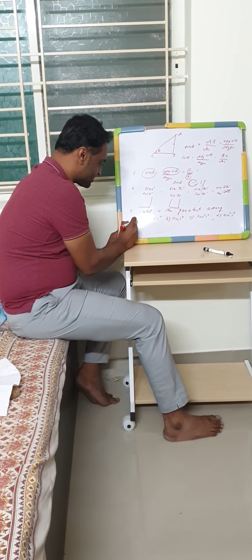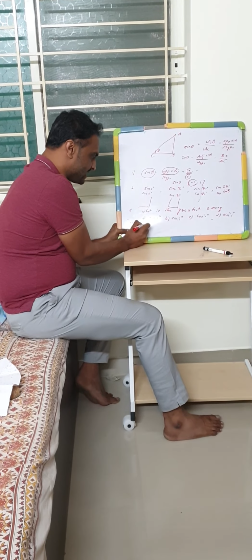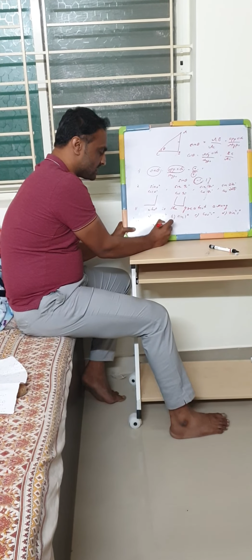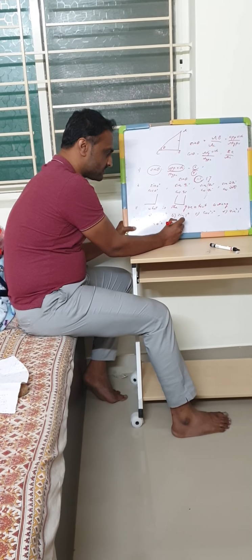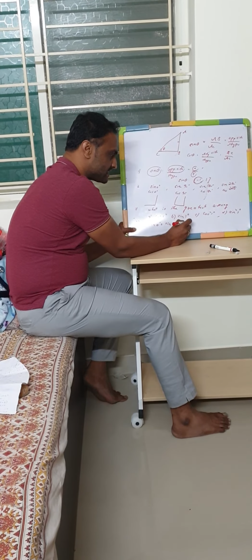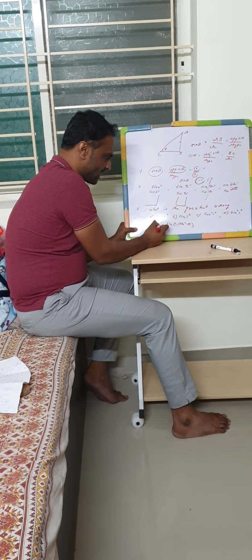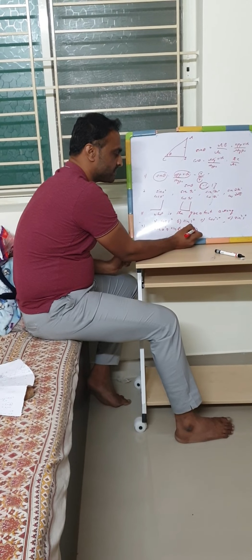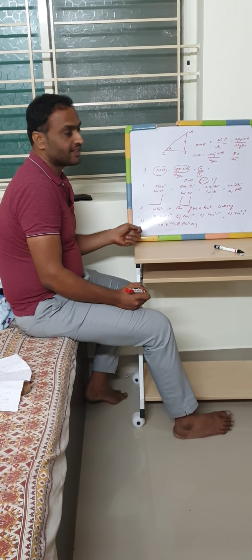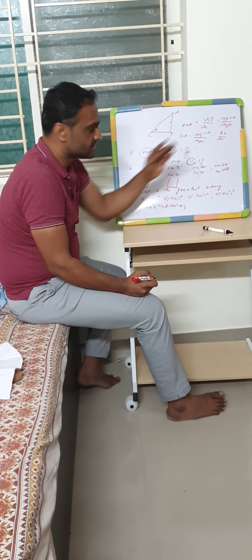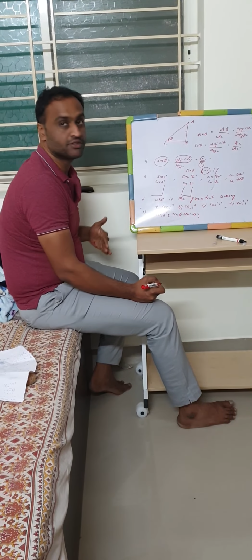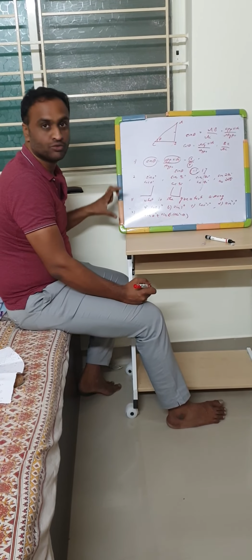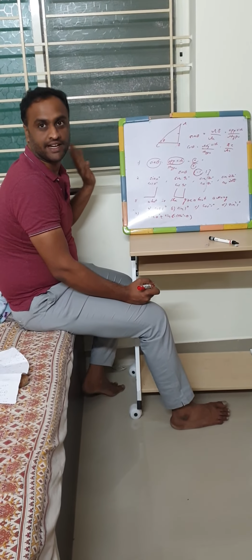My final question is, why is sin theta degrees equal to minus sin of 360 degrees minus theta? We have this formula: sin theta equals minus sin of 360 degrees minus theta. So if we understand sin theta and cos theta by these definitions, I don't think we can answer any one of these questions. I have a huge list of questions, but I am confining it to only 4 questions right now.